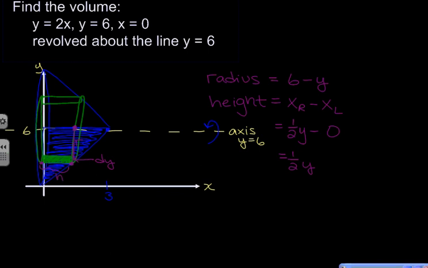Okay, so now we have the radius, we have the height, and we have the thickness of each shell. So we can accumulate those by taking the integral of 2 pi times our radius, which was 6 minus y, times the height, 1/2 y, times the thickness of each shell, which is dy, and we're going to accumulate this over all the y values, which start at y equals 0 and goes up to y equals 6.